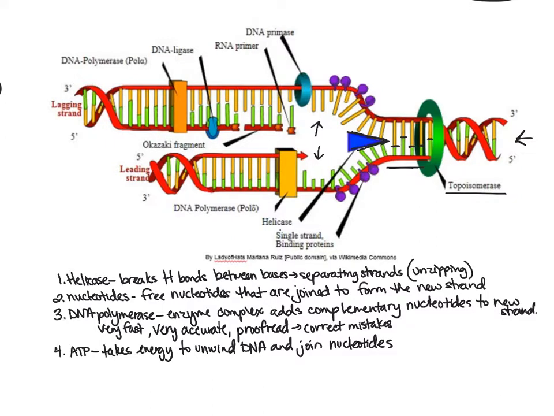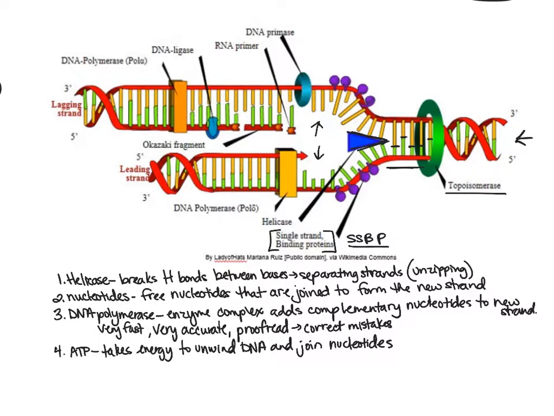Then what we have are these single-strand binding proteins, SSBP for short, and they're basically going to be holding open the DNA for us, kind of like fingers on hands pulling the DNA apart, just keeping them from binding back to each other after the helicase has moved forward.